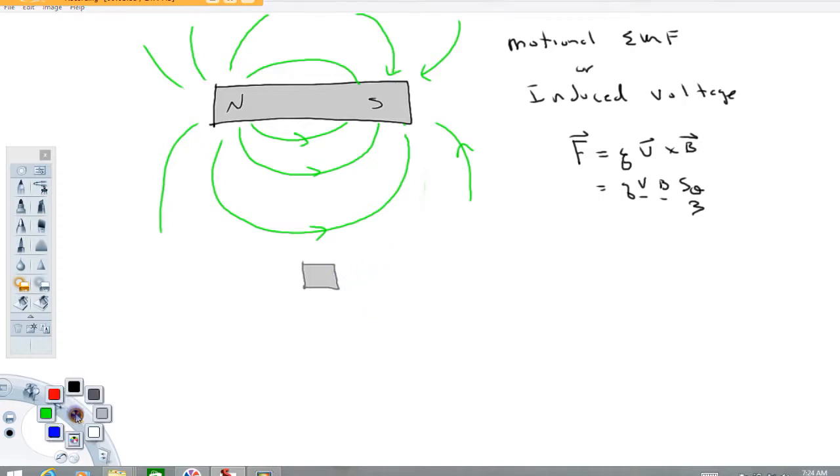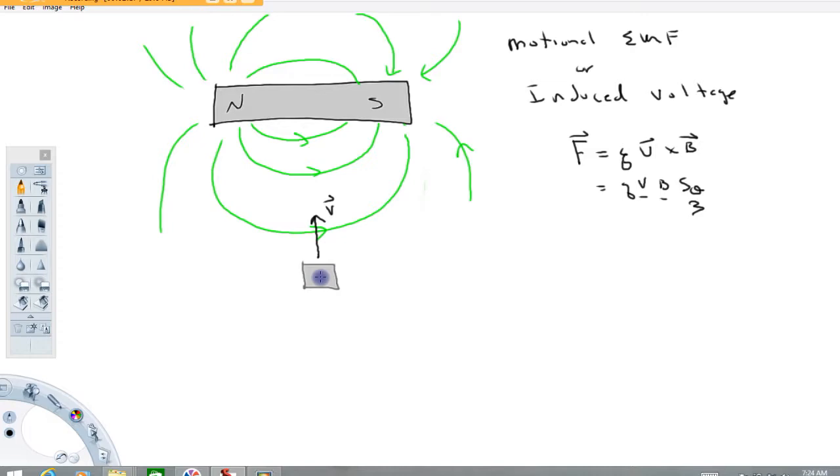However, if the velocity vector points this way, meaning that this is moving through this magnetic field at a right angle, well, now something much more interesting happens. The conductor, remember, like all material, is made up of protons, neutrons, and electrons.